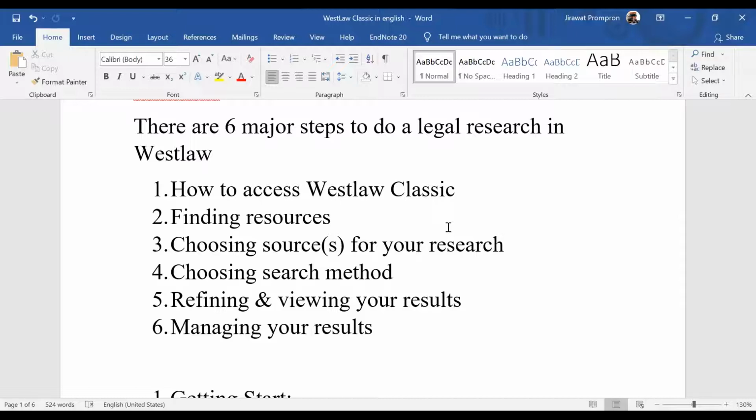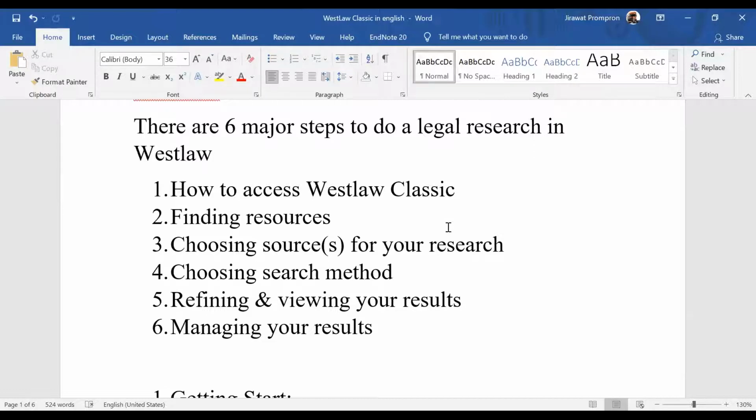And the fourth step, when you select a source, you are going to start searching. Westlaw provides you a search method. You have to choose which search method suits you. This is the fourth step.